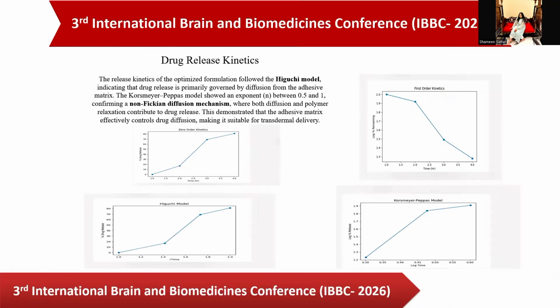The Korsmeyer-Peppas model showed an exponent n between 0.5 and 1, confirming a non-Fickian diffusion mechanism where both diffusion and polymer relaxation contribute to the drug release. This demonstrated that the adhesive matrix effectively controlled drug diffusion, making it suitable for transdermal delivery. I have shown the first order kinetics, zero order kinetics, Higuchi model, and the Korsmeyer-Peppas model.